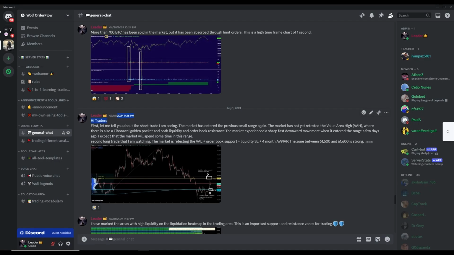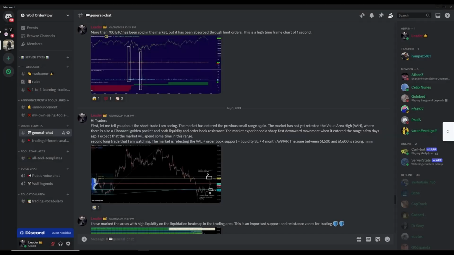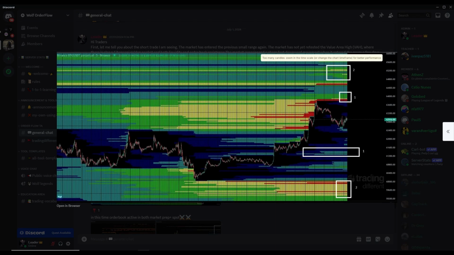As I mentioned on July 1st, the market would go upside once and retest liquidity: the golden pocket or value area high plus VWAP and swept liquidity. I marked zones in the liquidation heat map that were functioning as support or resistance.